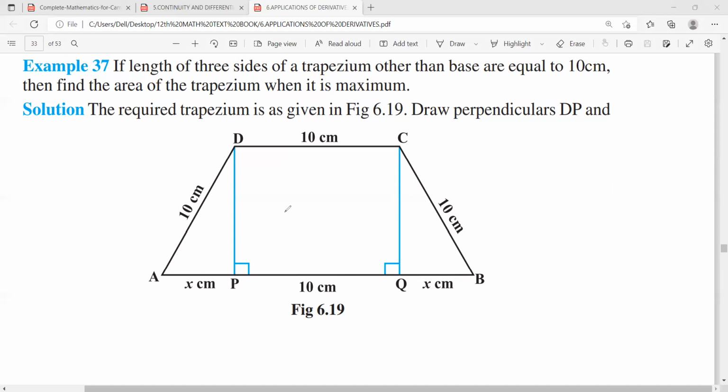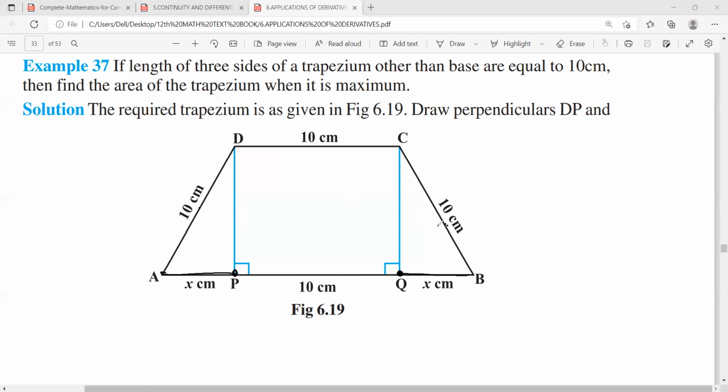So now let's take here, because we have to take the third side. Whatever third side you take, this 10 will be there, this 10 will be opposite. So if this is x, then this must be x. Why? Because here this is 10 centimeters, this is also 10 centimeters, and this is parallel.